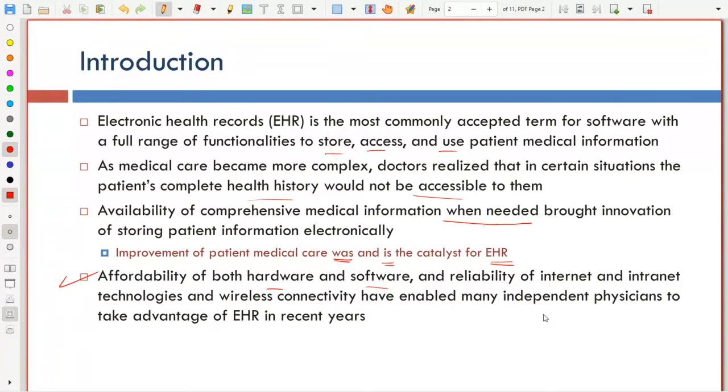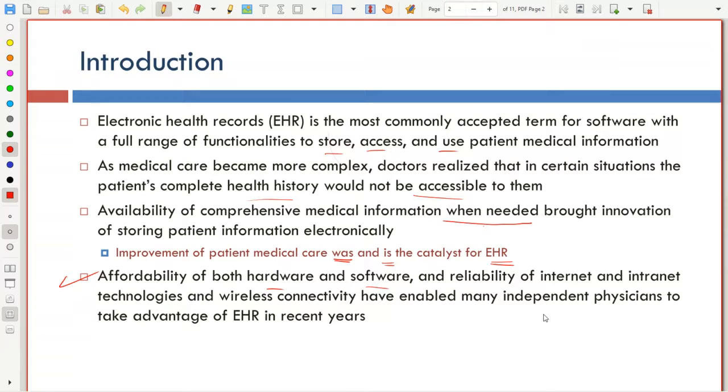So if you are in a hospital, you're able to access the filing cabinet. If you have a certain server within the hospital, it's very easy, if you are within the hospital or even in another branch of that hospital, to access the patient files that are stored on the servers of the hospital. So this is much easier.